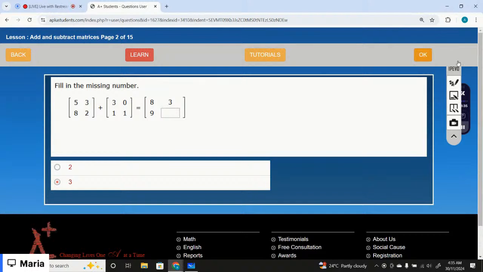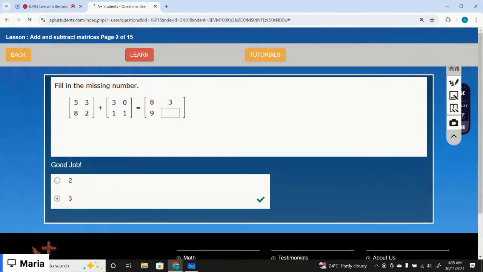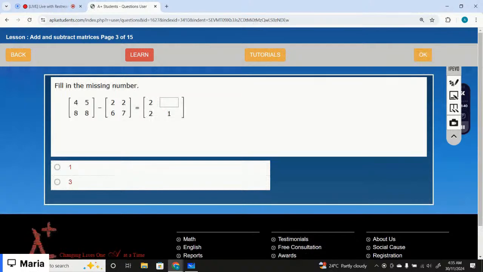Option number 2 is the correct option. Fill in the missing number. So which number is missing? 3. Option number 2 is the correct option.